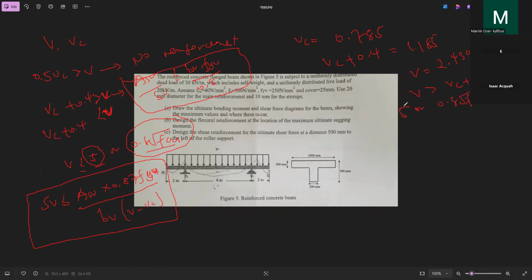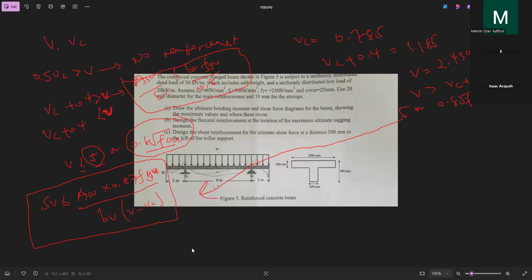So with 5, V will be less than 5. Is that correct? If V is less than 5, then it connects with the formula here.